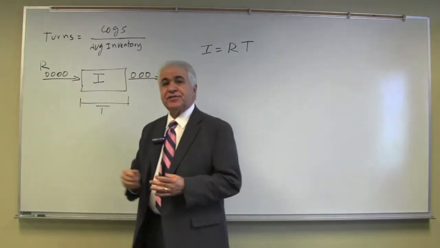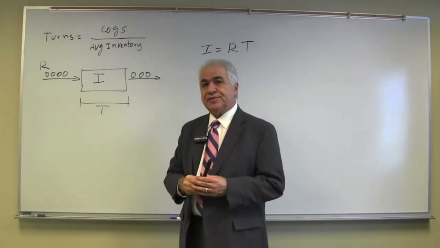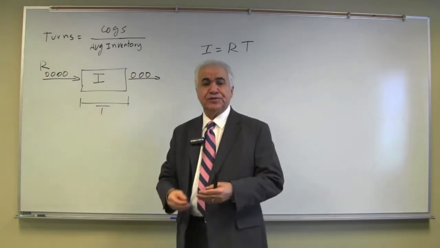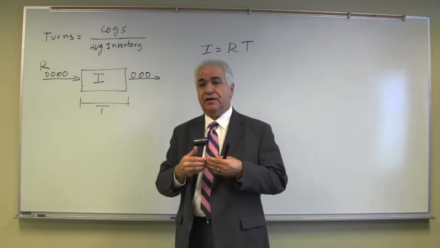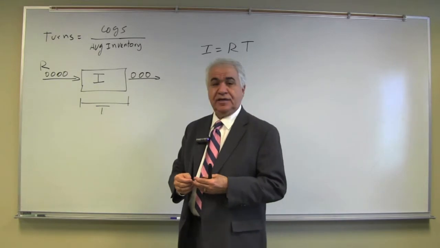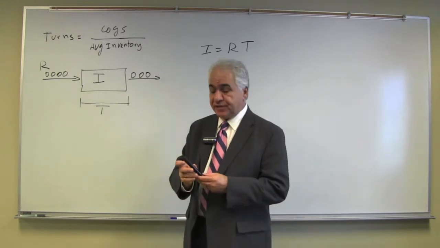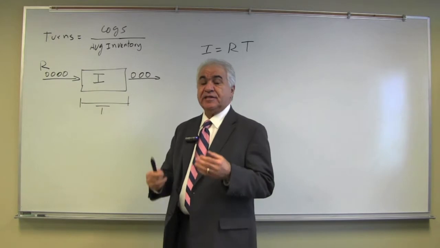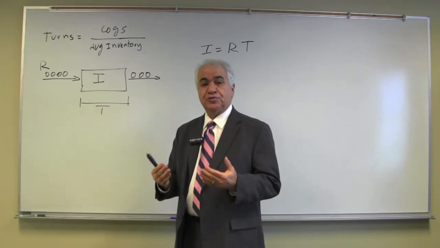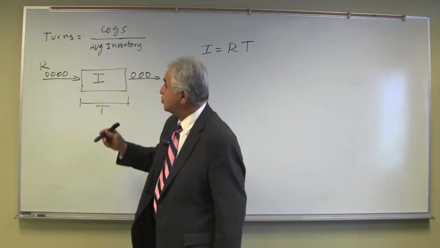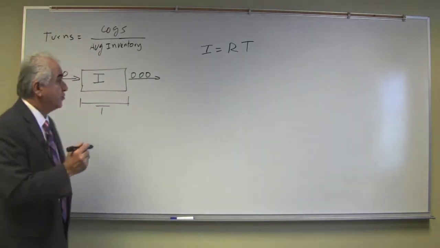In that case, our flow units, rather than being customers or orders or phone calls or automobiles, let's consider that the money we invest into the organization to produce, or cost of goods sold, is our throughput.